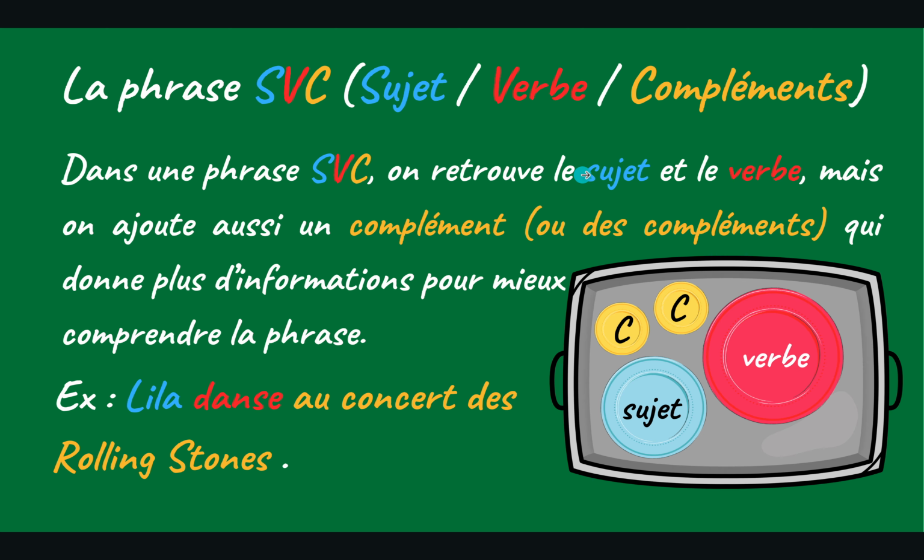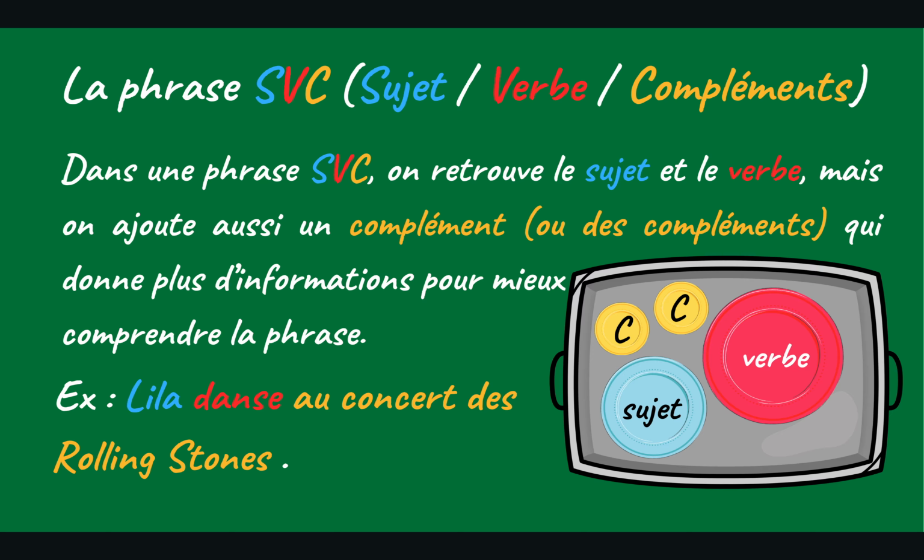Dans une phrase SVC, on retrouve le sujet et le verbe, mais on ajoute aussi un complément ou des compléments. Important, one complement or many complements. We can add more than one, because we want to have more information. Qui donne plus d'informations, more information, pour mieux comprendre la phrase, to better understand the sentence.